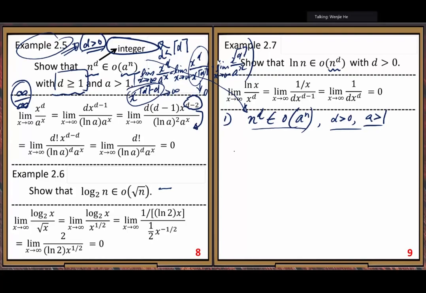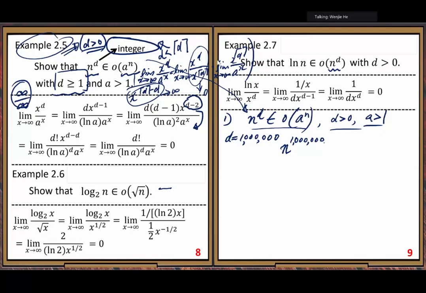So here, I'd like to take d equals 1 million. How about that? That's a large integer, right? Now, if d is 1 million, then our power function becomes n to the 1 millionth.